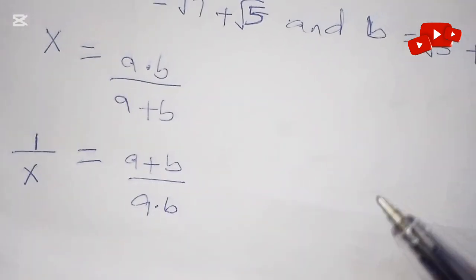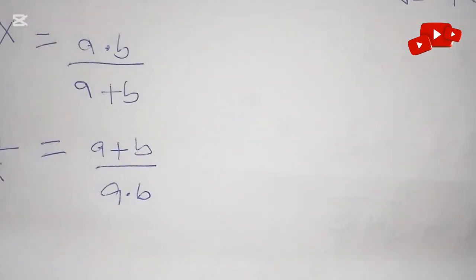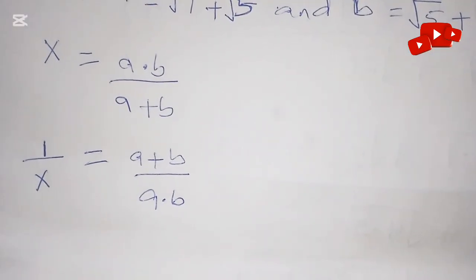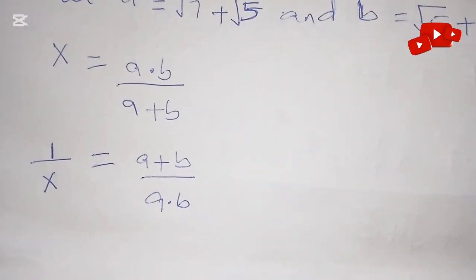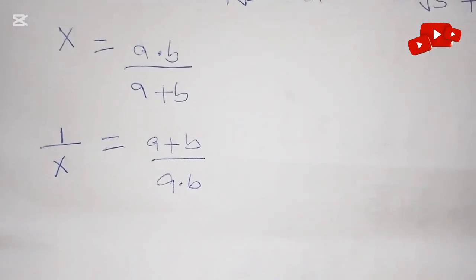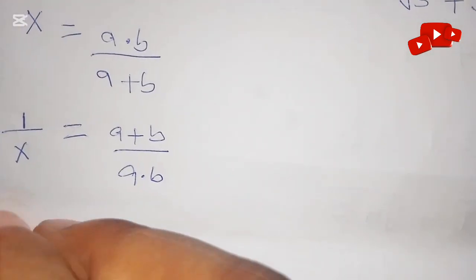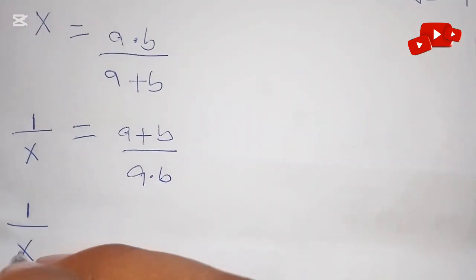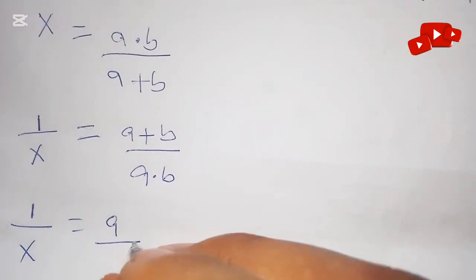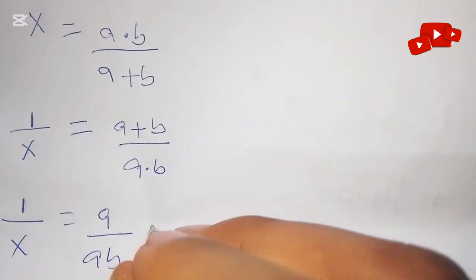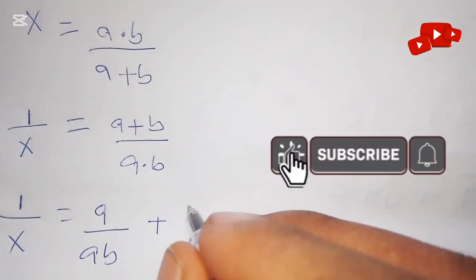Now let's substitute the values of A and B. Before we substitute, this means A over AB plus B over AB.